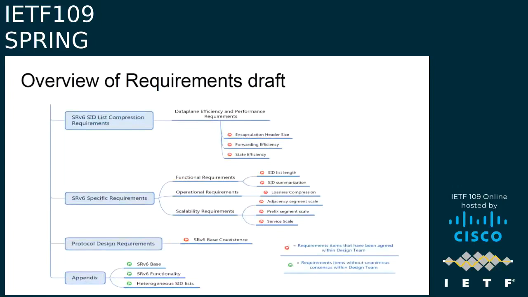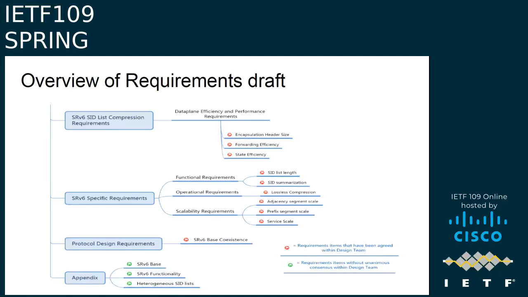So here's the overview of the requirement draft now. There are 3 aspects of the requirements: SRv6 SID list compression requirements, the SRv6 specific requirements, and the protocol design requirements, as well as an appendix which includes some requirement items without unanimous consensus within the design team.